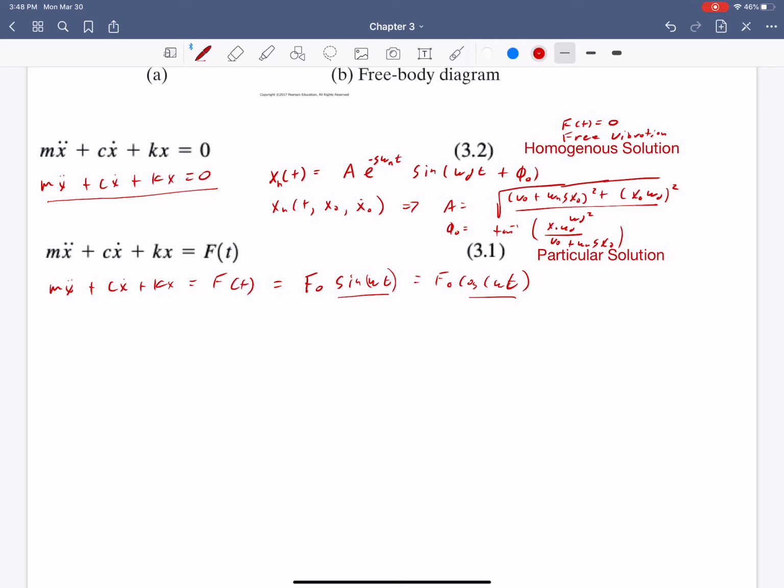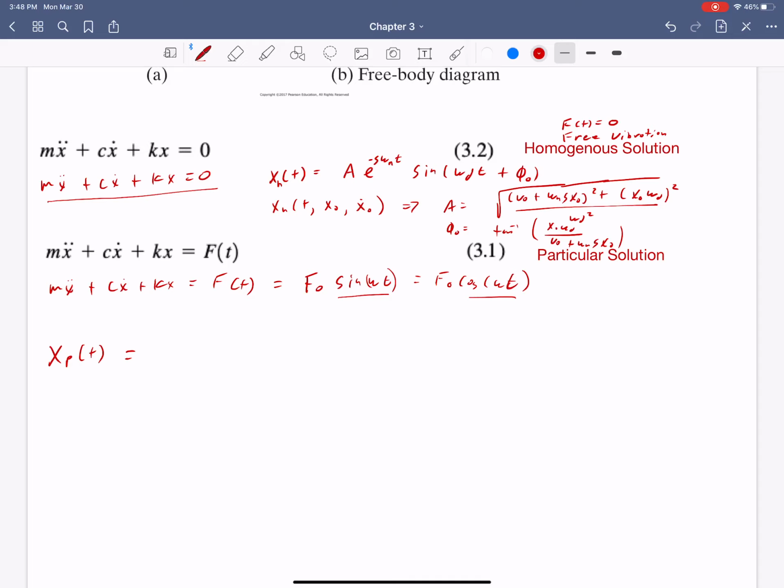Now we are going to introduce an additional complication where we have this forcing function, f of t. What that's going to do is, of course, change our solution. What we're going to have now is what's called x sub p of t, which is going to be our particular solution.